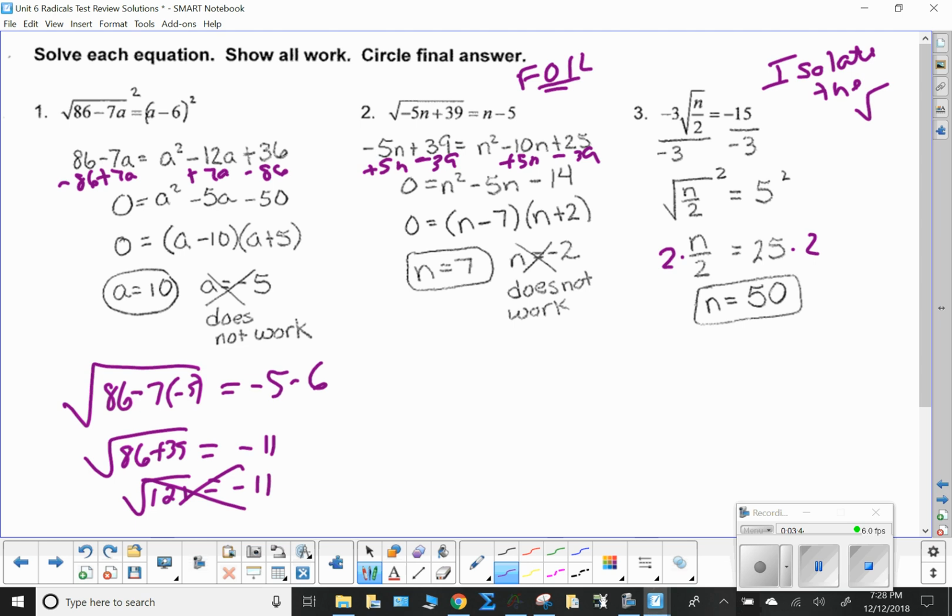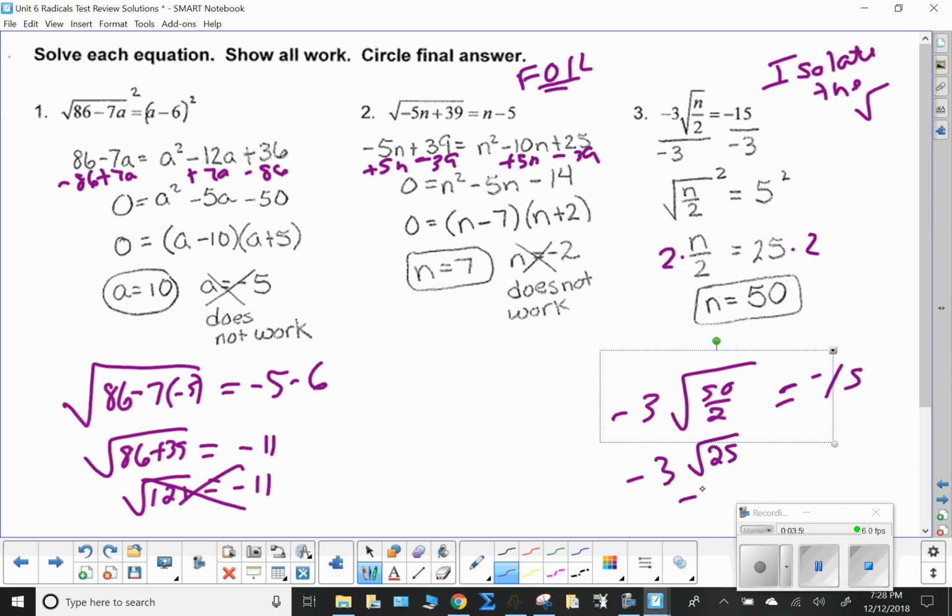If I plug 50 in, negative 3 times the square root of 50 divided by 2 equals negative 15. This is negative 3 times the square root of 25. That's negative 15. It's equal to negative 15. It checks.